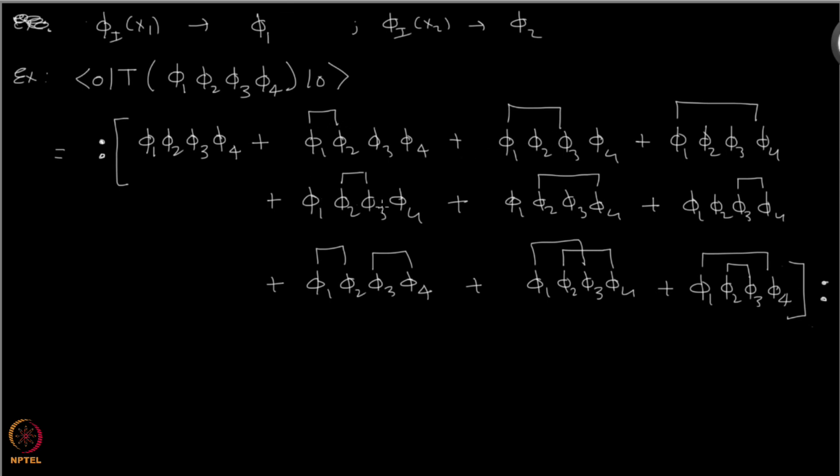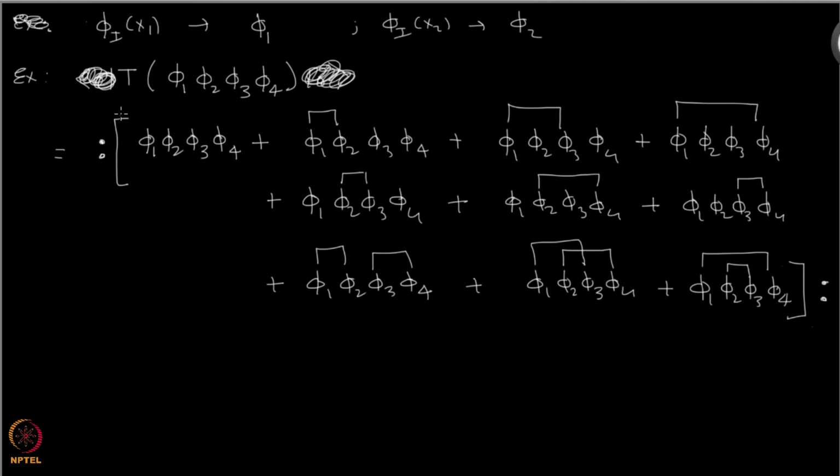So these 6 contain 2 operators each, and these 3 are fully contracted. So there is no operator left at all here. Okay, I think I have written wrongly. I should omit this. That's just the time order product.